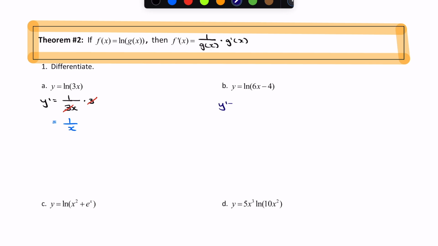So y prime is equal to 1 over what's inside the brackets, 6x minus 4, and we're going to differentiate 6x minus 4, which would just be 6. Here we can simplify. We factor out the common factor from the bottom, which would be 2. We're left with 3x minus 2 times 6. The 6 will cancel with the 2 to simplify to 3. And so we'll get a final answer of 3 over 3x minus 2.